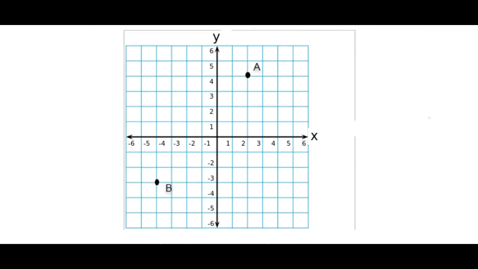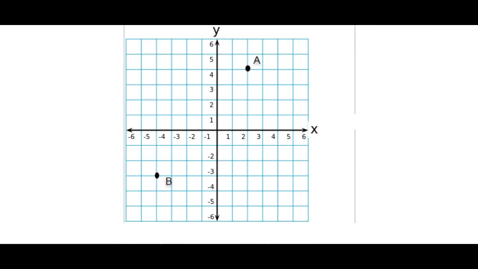Now let's have a look at this diagram here. This is a Cartesian plane where we have 2 points being plotted. We have a point A and point B. So in this activity we are going to work out the coordinates for point A and point B. Remember, when we write Cartesian coordinates, we write them in brackets. It's a pair of numbers separated by commas.